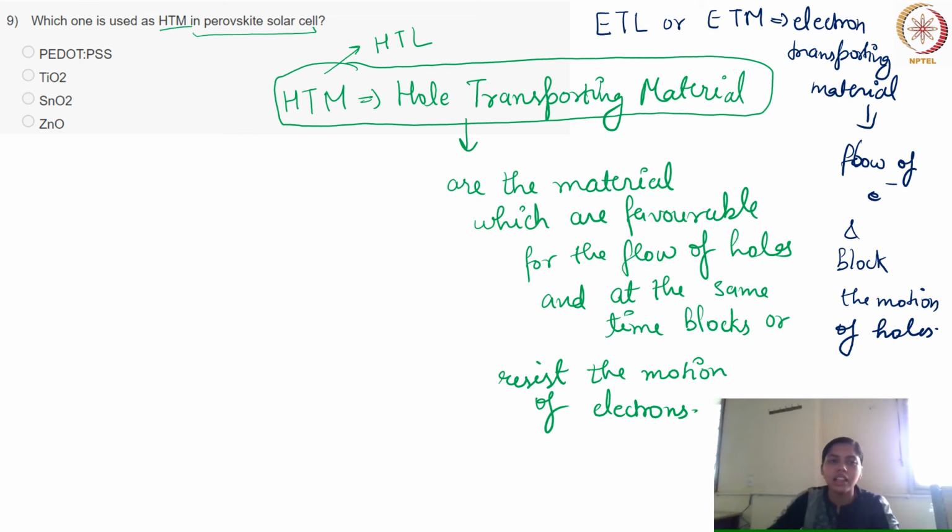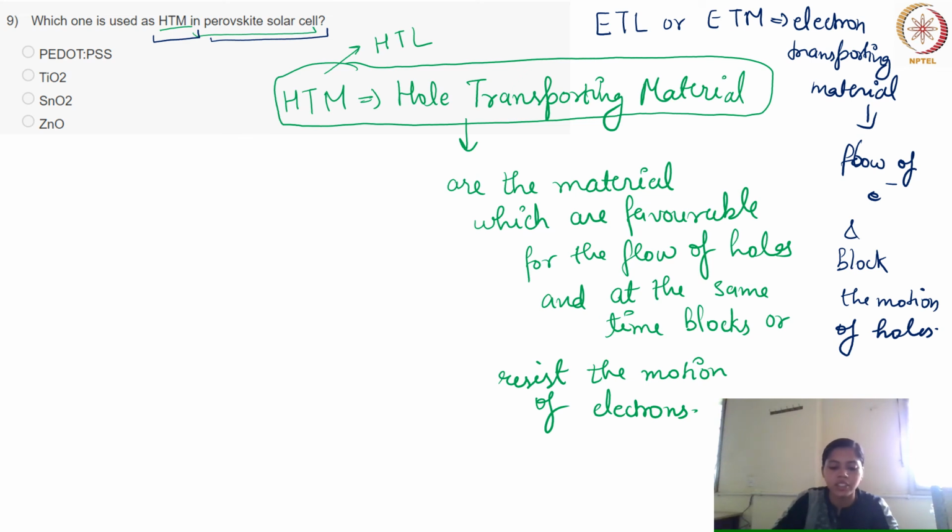Among these, you have to tell which one of the following is the HTM, the hole transporting layer, in the perovskite solar cell. So anyone can tell. You can write your answer in the chat box if you have any idea. Anyone?